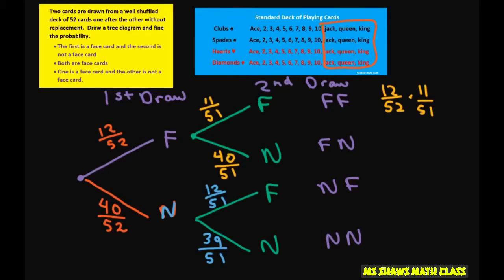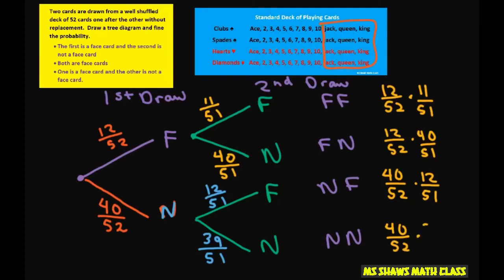And then face, not face is 12 divided by 52 times 40 over 51. And the next one's 40 out of 52 times 12 out of 51. And not, not is 40 out of 52 times 39 out of 51.